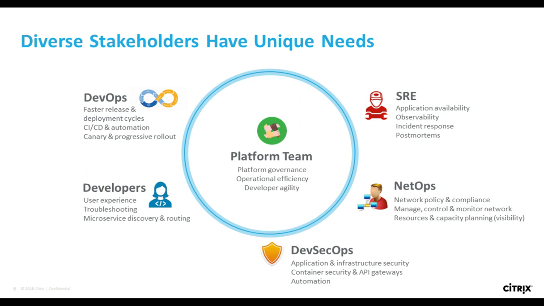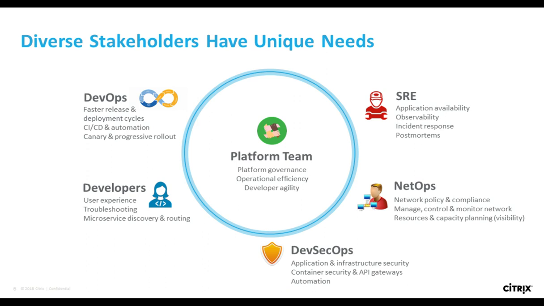In the center of this slide, the biggest stakeholder and most important one, is the platform team. The platform team is the team who runs the Kubernetes platform and is responsible for 3 critical functions. One is the platform governance, operational efficiency, and delivering the agility which each and every developer really wants.